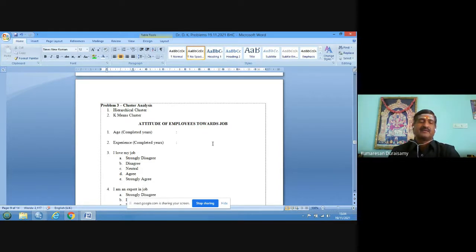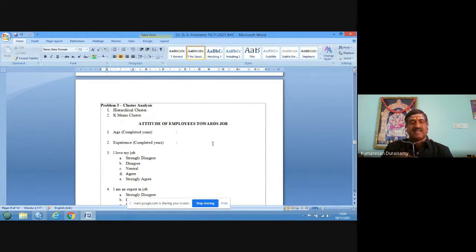Earlier, in the other tools, we categorized the respondents based on an independent variable.